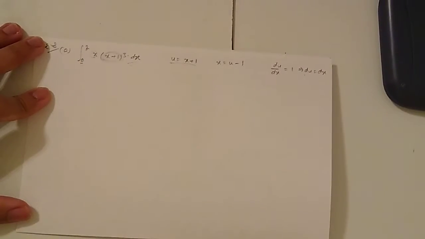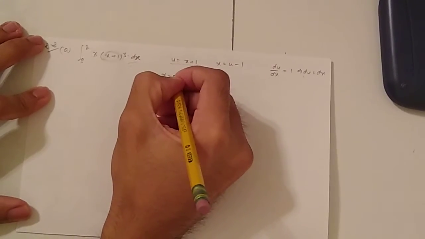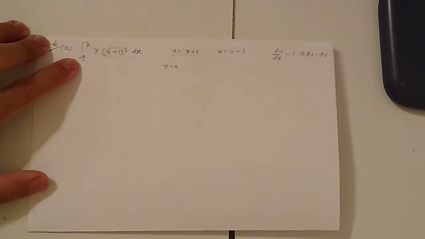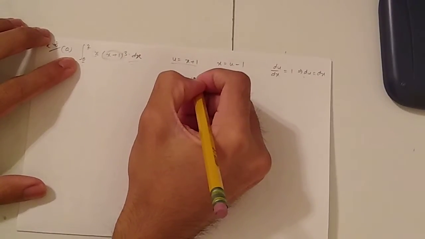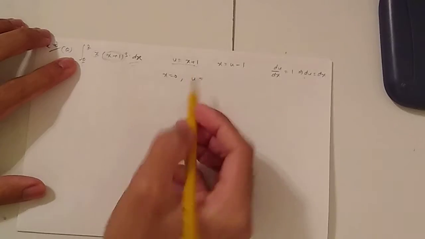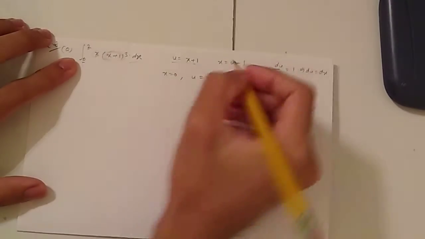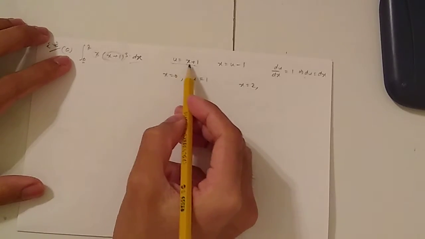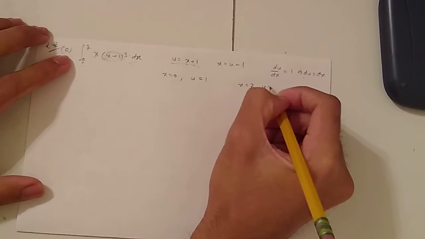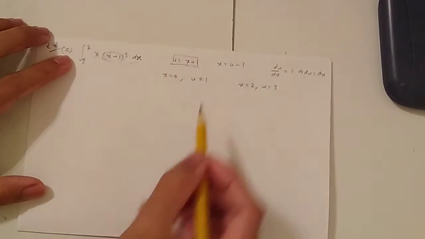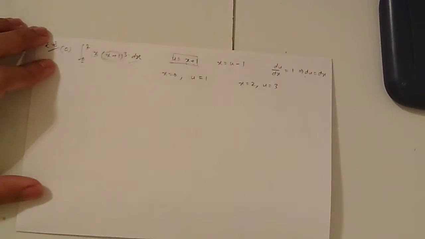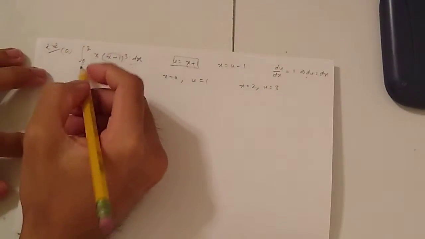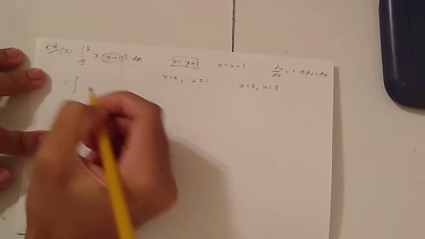These are the x limits. We need to replace them with the u limits. So when x is equal to 0, the lower limit, u is going to be equal to 0 plus 1, which is 1. And when x is equal to 2, u is going to be equal to 2 plus 1, which is 3. So basically use the substitution to find your new limits.